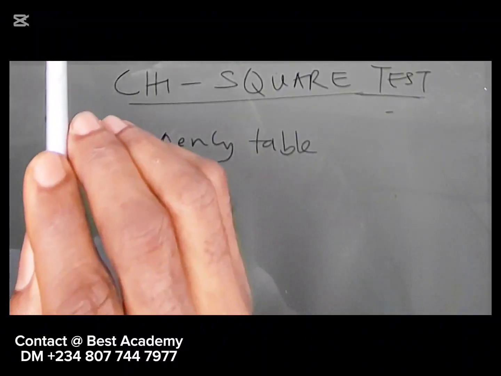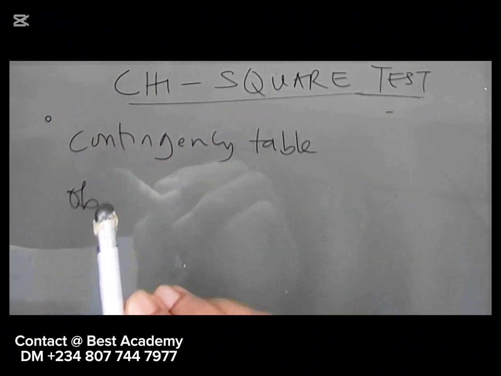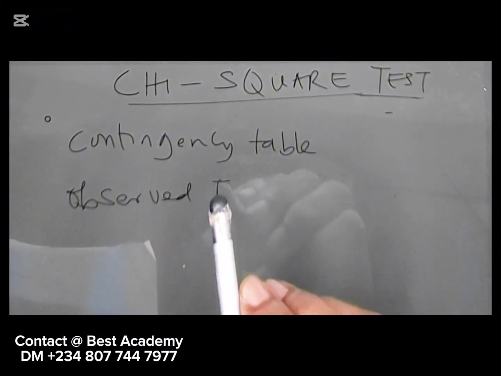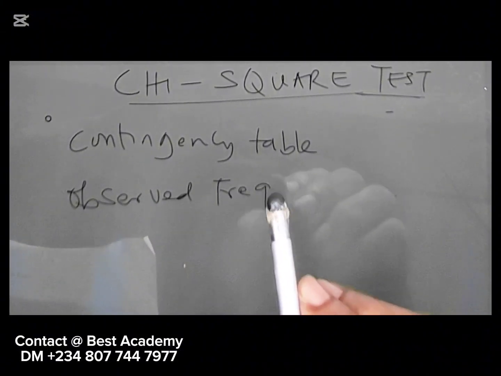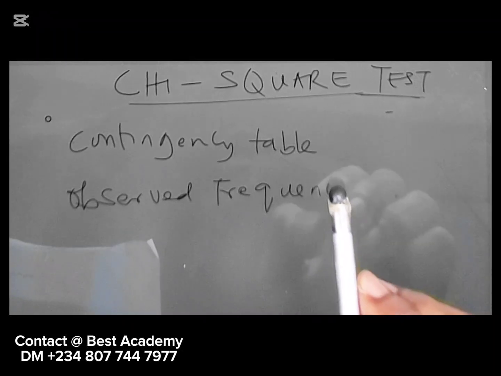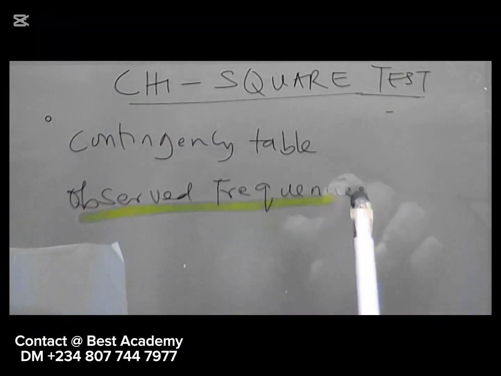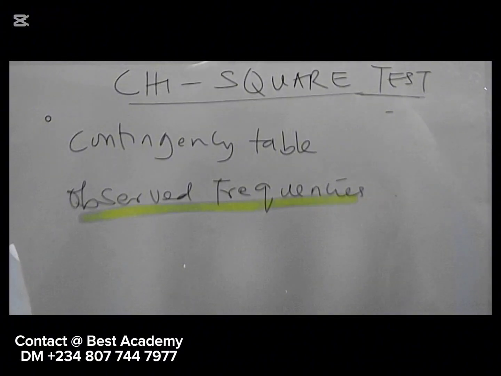Any value or number in the contingency table is known as an observed frequency. For each observed frequency, there is an expected frequency. We are going to consider that later.